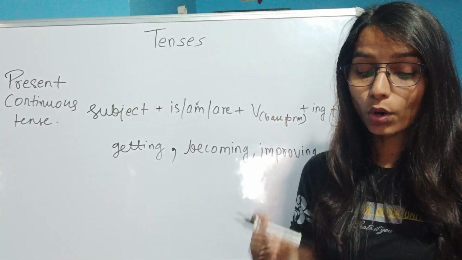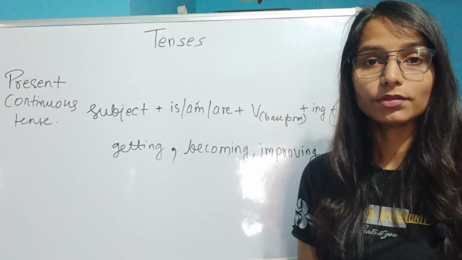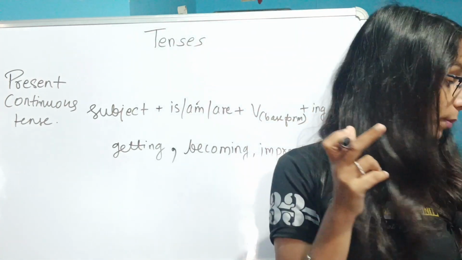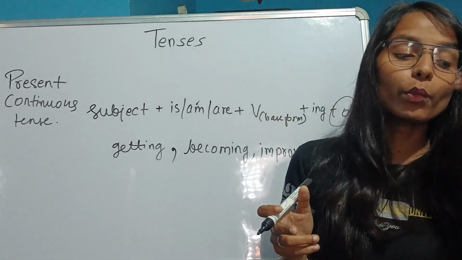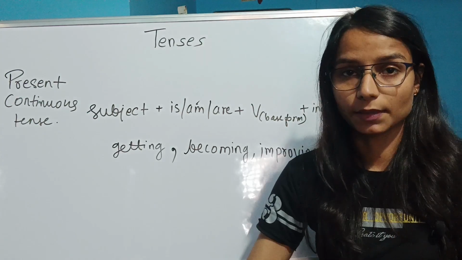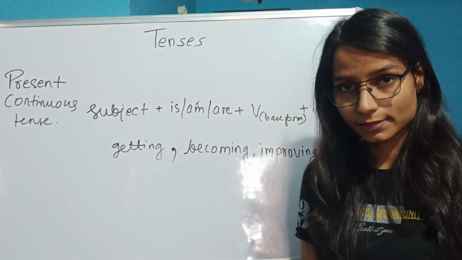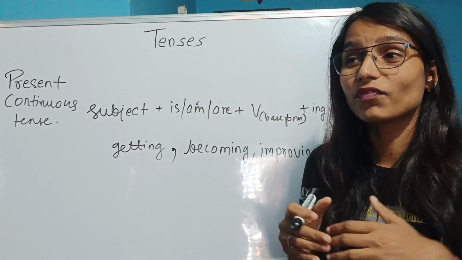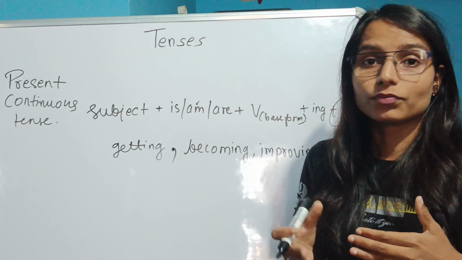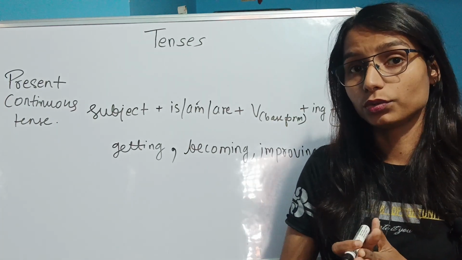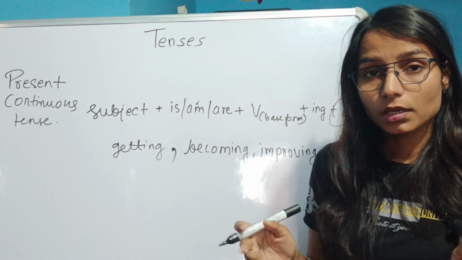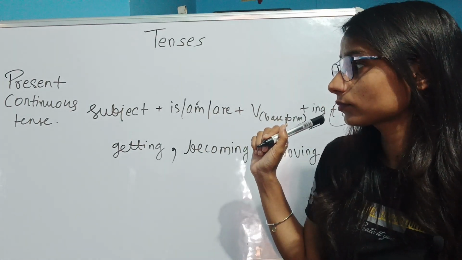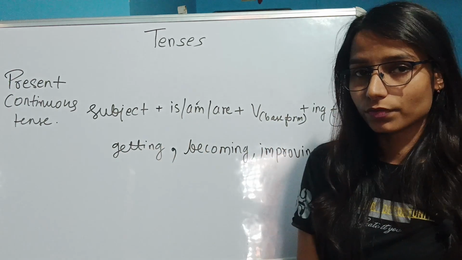And when you always do something, you do it too often or more than normal. When you do something daily, you use present tense, as I have already said. But when you do something very often, more than normal but not daily, you will use present continuous tense.